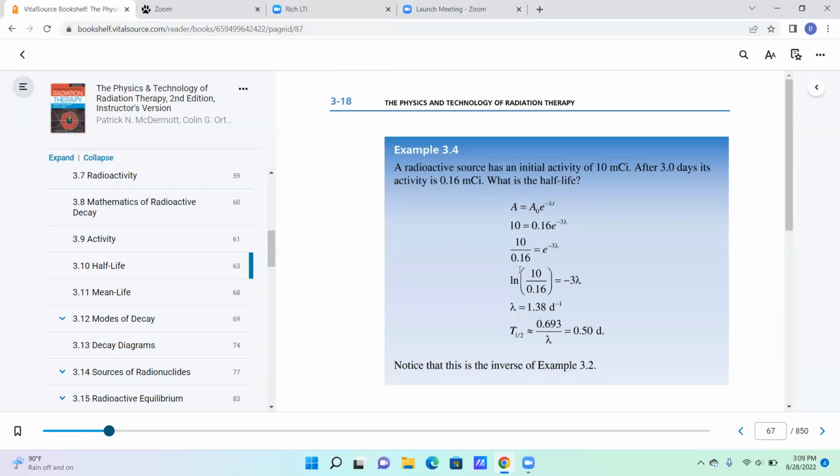If we divide that in order to solve for this, take the natural log of both sides, we end up with minus 3 lambda is equal to this. Lambda comes out to be 1.38 per day. And since we know what lambda is, we can go through and determine what the half-life happens to be.